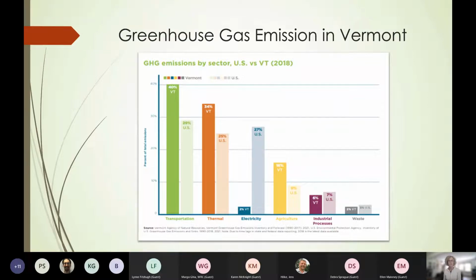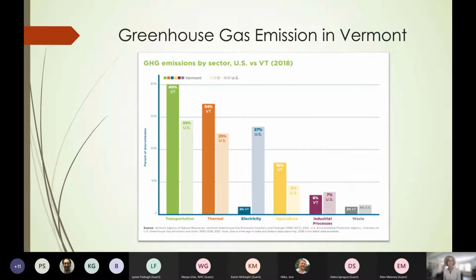Okay, so hopefully you can all see this graph of greenhouse gas emissions in Vermont. This came from the Energy Action Network website, where you can get quite a lot of information on the current status of greenhouse gas emissions in Vermont.